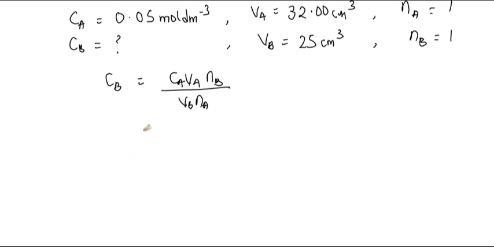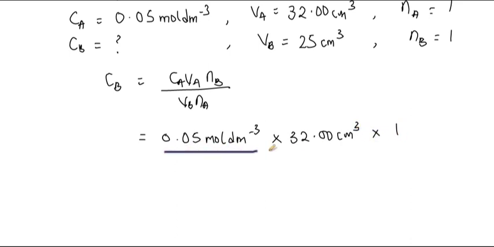Let's substitute the values. Cb is then equal to Ca, 0.05 mole per dm cube, multiplied by Va, which is 32.00 centimeter cube, multiplied by Nb, which is 1, then divided by Vb, that's 25 centimeter cube, multiplied by Na, which is 1.